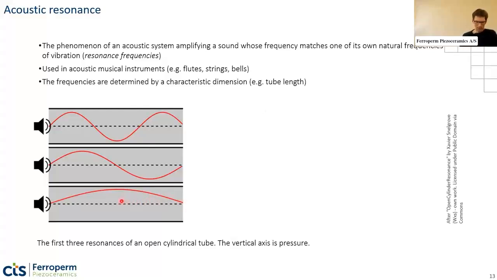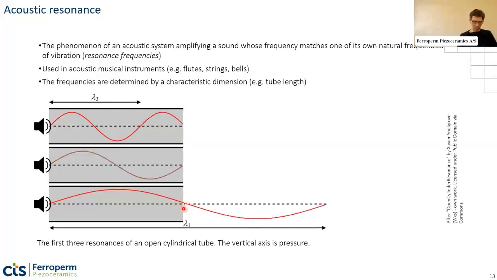In that case you'll see that there will be an amplification of the sound at certain wavelengths, and the lowest frequency or the longest wavelength is when you have a 1/2 wavelength, like shown here, which is equal to the length of the tube. But there are also other resonances where you have 2/2 wavelengths or 3/2 wavelengths.